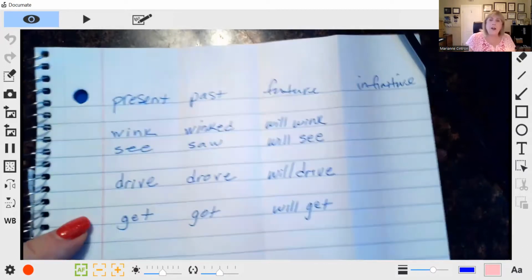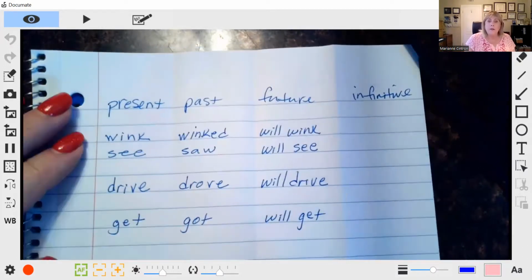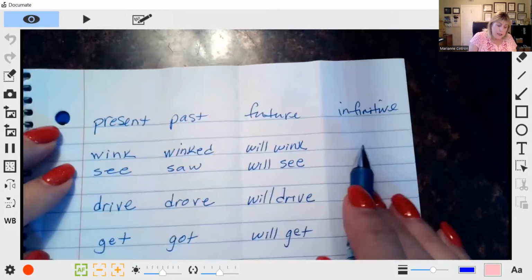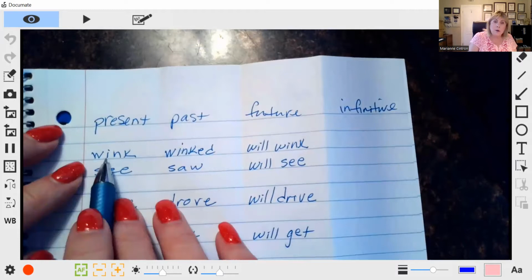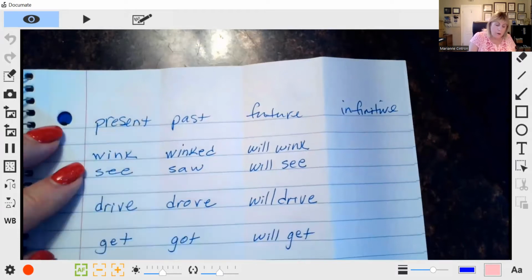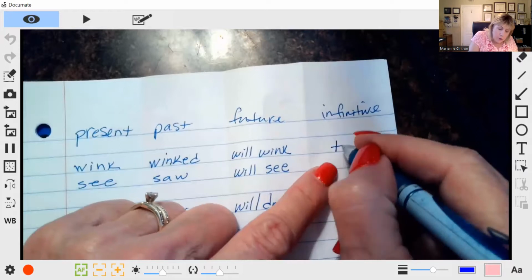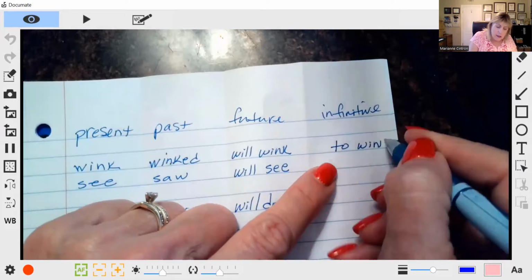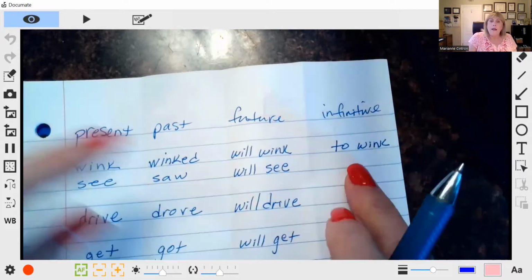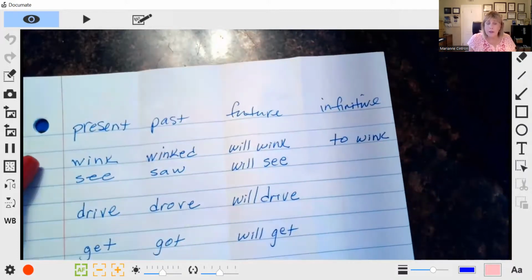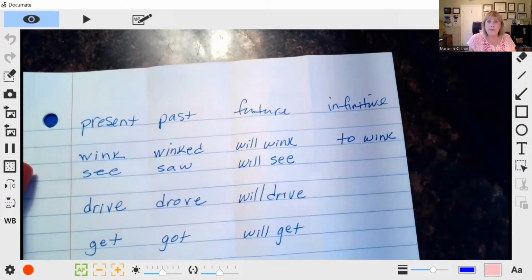So what I start showing her now is, the infinitive is using the present tense word with the word to. To wink. He's going to wink if I have the right answer. That's called the infinitive.